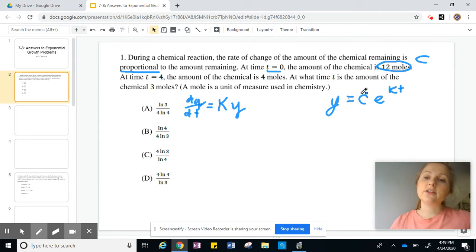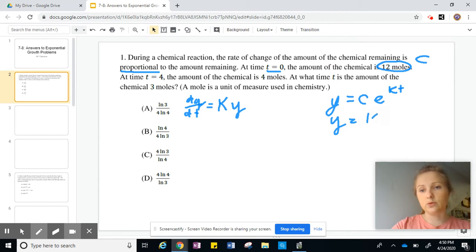So what we need to find here, we already know that 12 is C. Reason for that is because when t is 0, no matter what k is, when you plug t in as 0, this will turn into 1 because e to the 0th power is 1, and then C is whatever that y value is. So C is 12 in this case. And they're telling us that when t is 4, y is 4. So this is what we know so far.